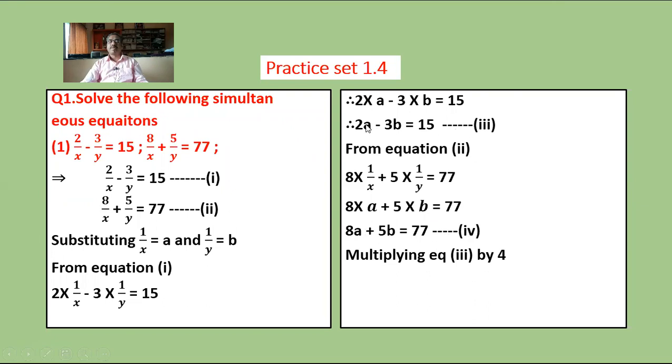Equation 3 multiplied by 4, then we get equal coefficient of a. समीकरण 3 आणि 4 मध्ये a चा सहगुणक समान करण्यासाठी समीकरण 3 ला जर 4 ने गुणले तर समीकरण 3 आणि 4 मधील a चा सहगुणक समान होतो. Therefore, 4 multiply 2a minus 3b is equal to 15, so 8a minus 12b is equal to 60. We get equation number 5.